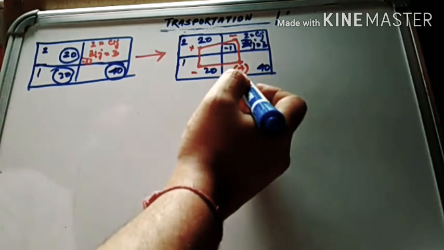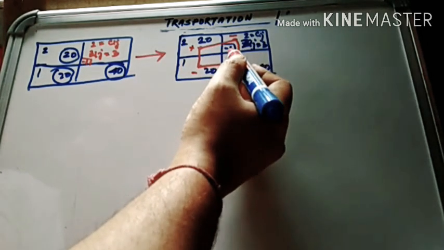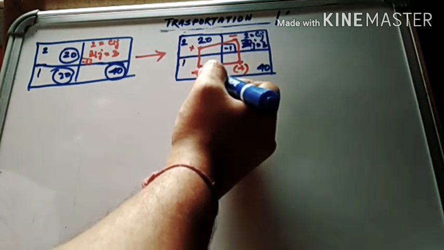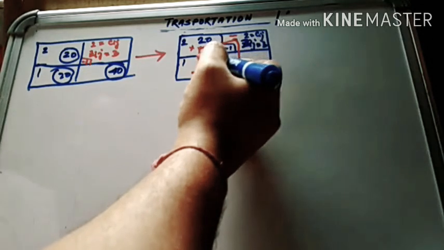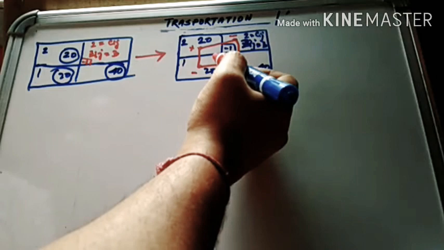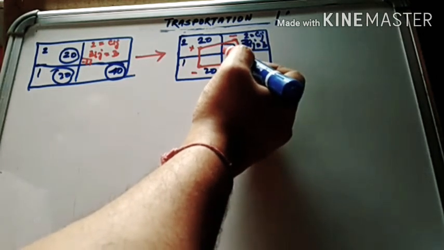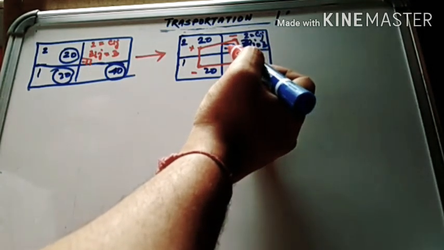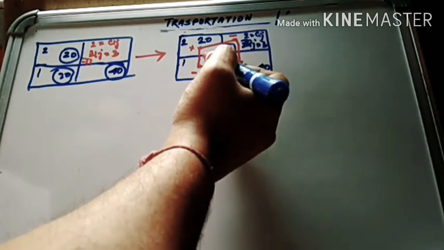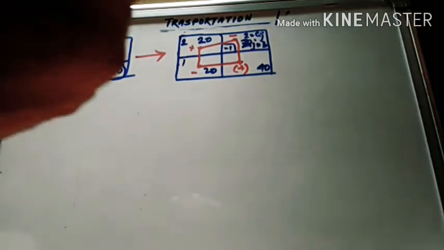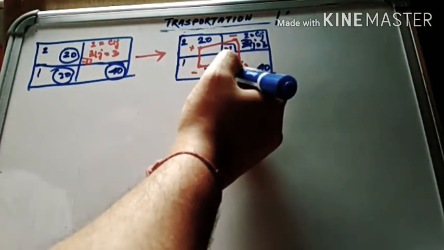Then we have to find the cells with the negative allocation. This is a negative allocation and this is a negative allocation. So there are two cells with negative allocation, and we have to select the least one from the two cells. Among these two cells, we have the value 20.